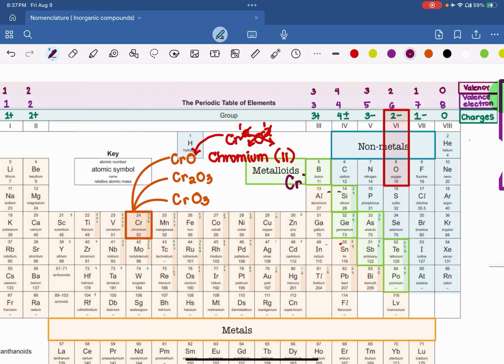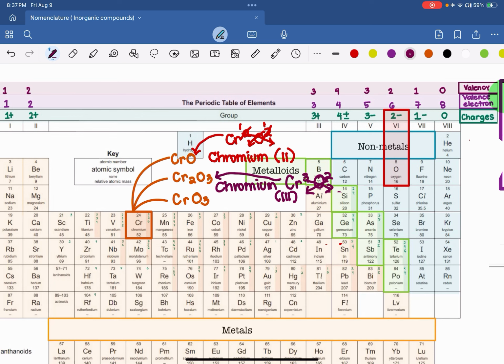So again, chromium 3, oxygen 2. You can no longer simplify it. So the next thing you need to do is to crisscross. And that will result in Cr2O3. So if I am going to name that, I would have chromium, then Roman numeral 3, emphasizing that this compound is utilizing 3 as the charge of chromium.